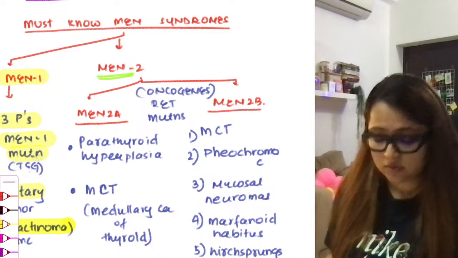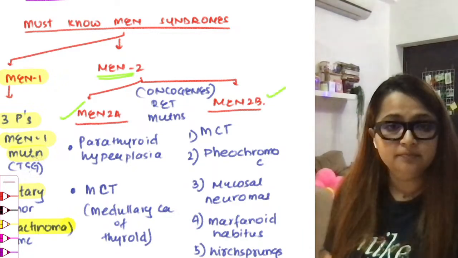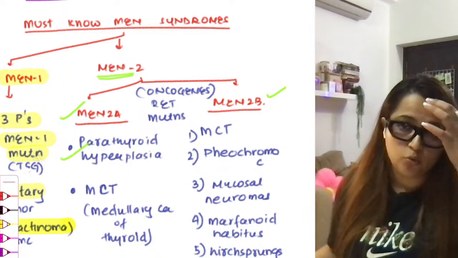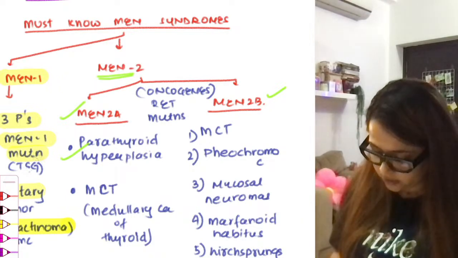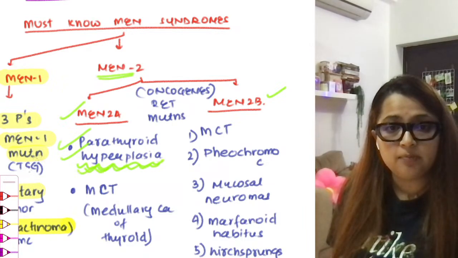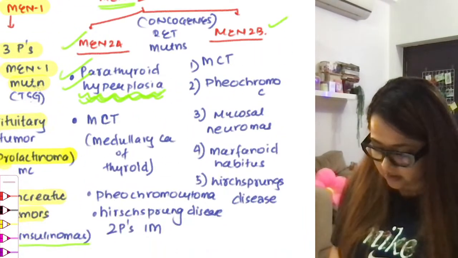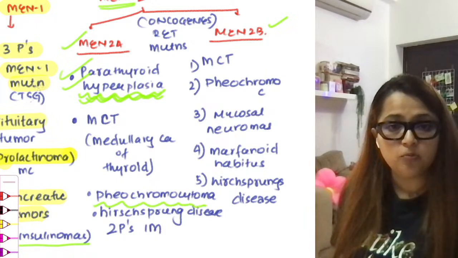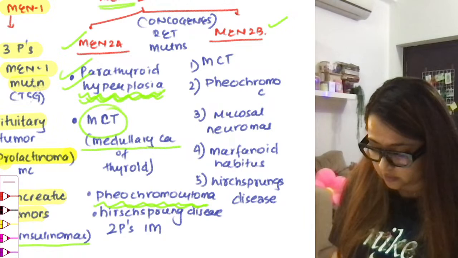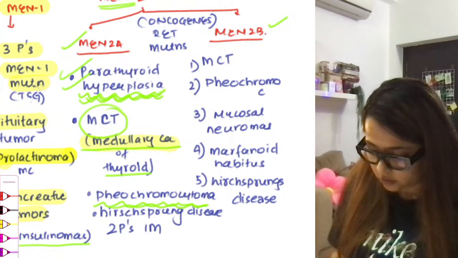MEN2 is divided into MEN2A and 2B. The 2A, as I told you, has 2 P's and 1 M. The 2 P's: number 1 is parathyroid hyperplasia. Here we are talking about hyperplasia, not adenoma. The second P is pheochromocytoma. The M is for medullary carcinoma of the thyroid.